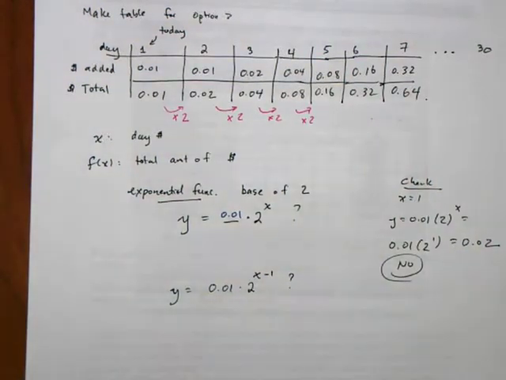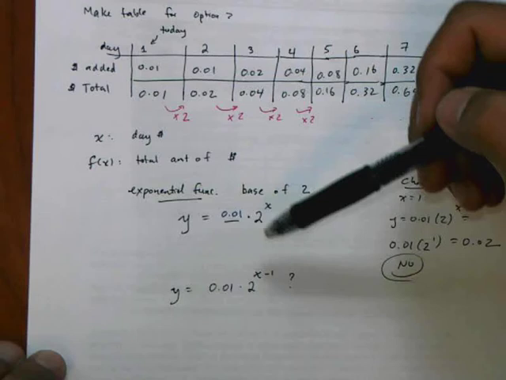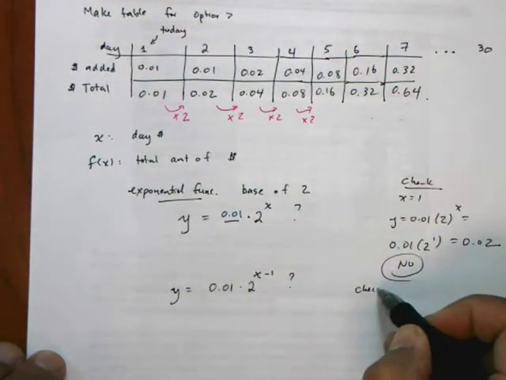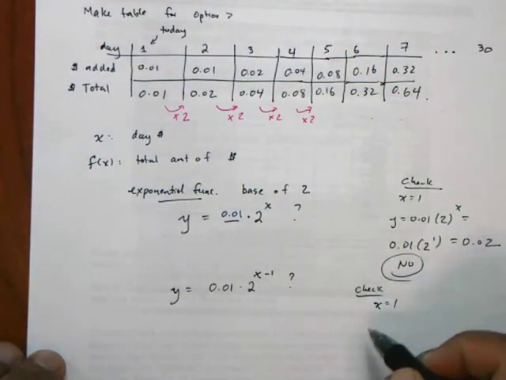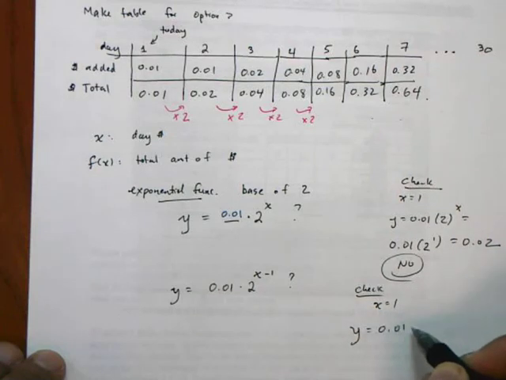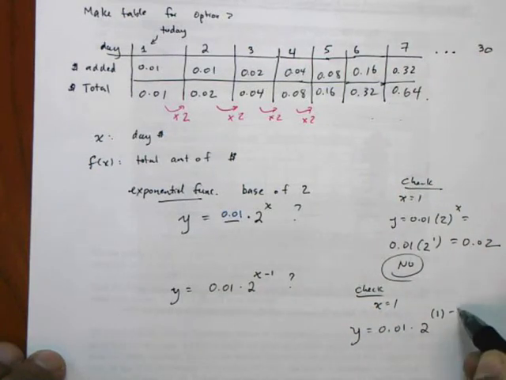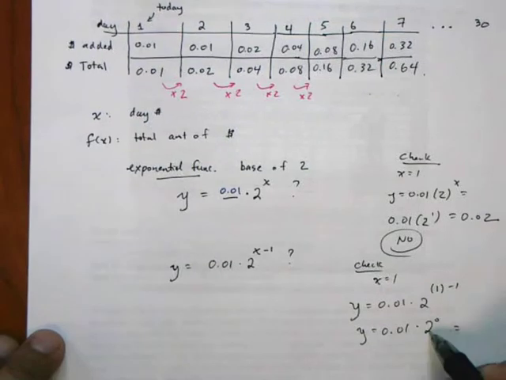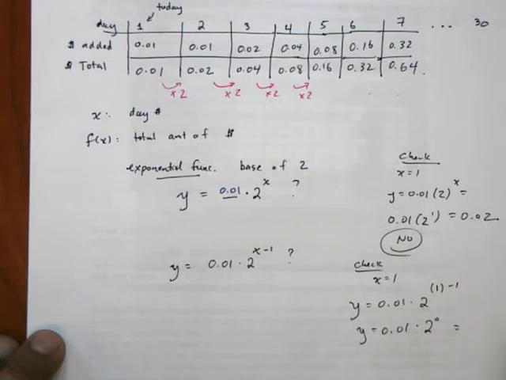This seems like it works better because if you substitute 1 into this, check now, okay, x equals 1, y equals 0.01 times 2 to the first minus 1, which is that. And we know that anything to the 0th power is always 1.